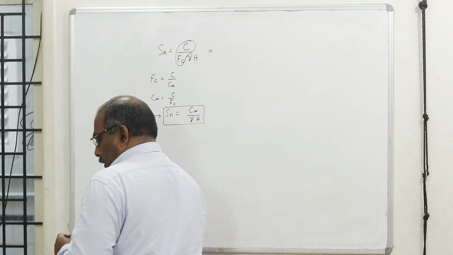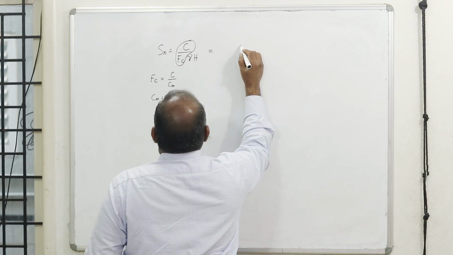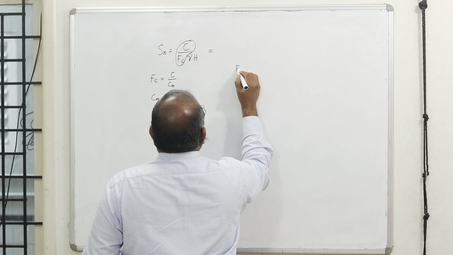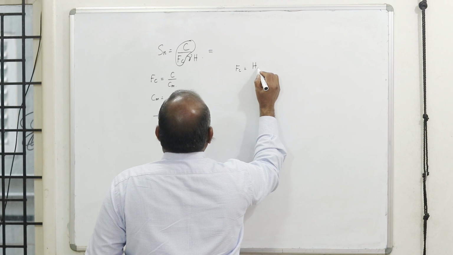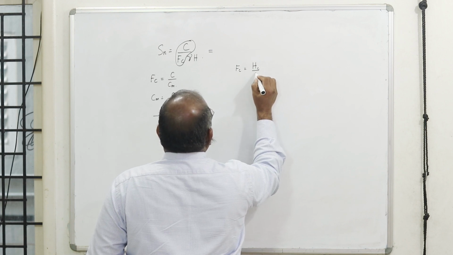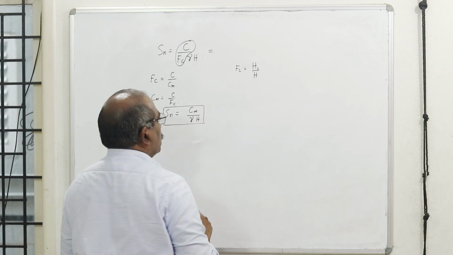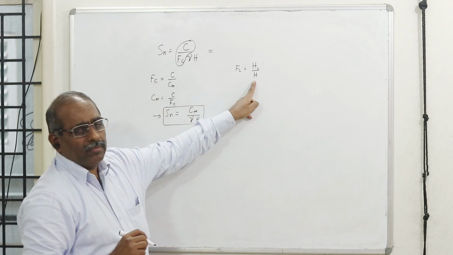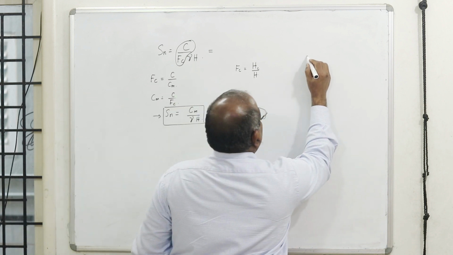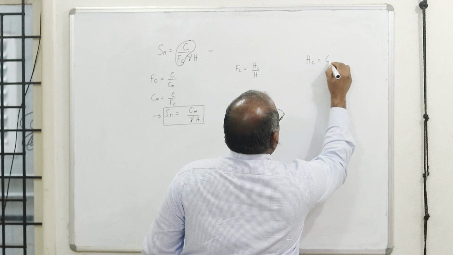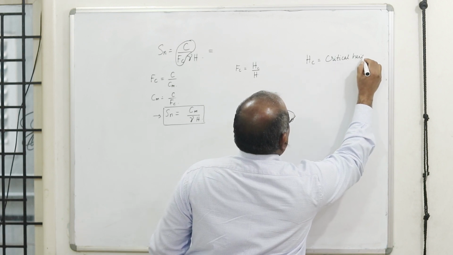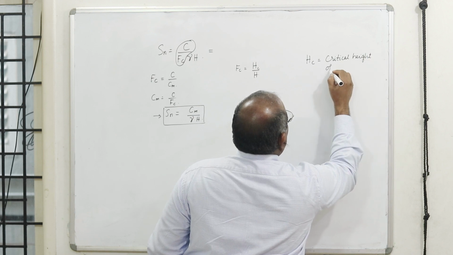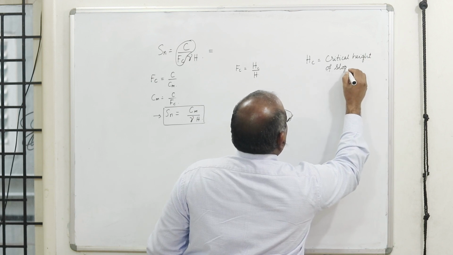Then, we also know that your factor of safety with respect to cohesion is equal to hc to h, where h is the height of the slope and hc is the critical height of the slope. What do you mean by critical height of the slope?